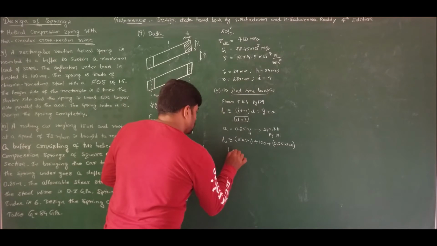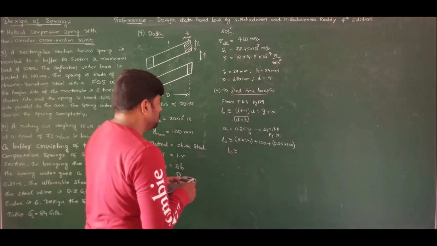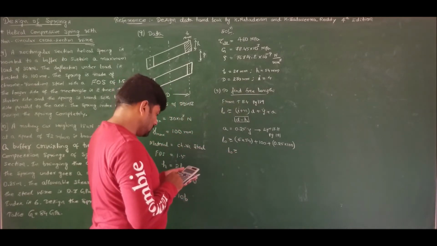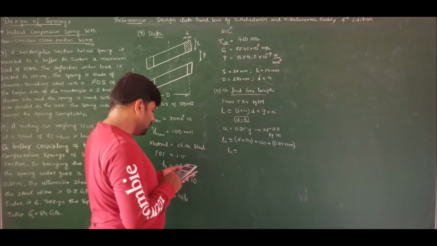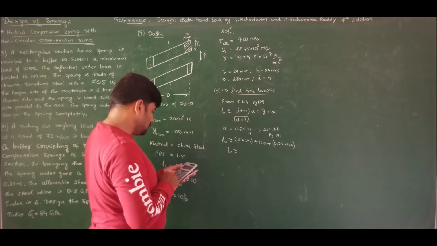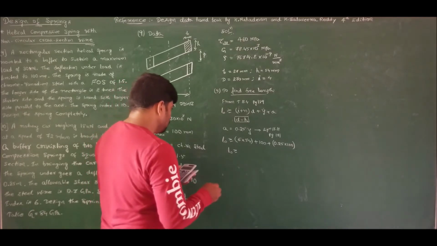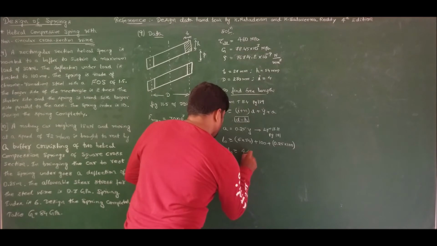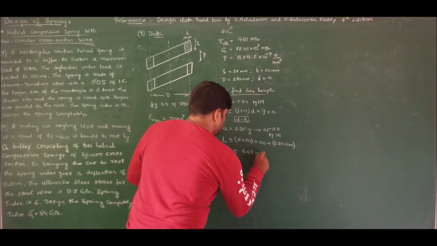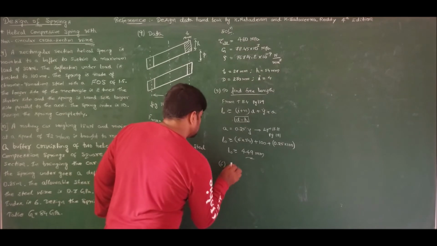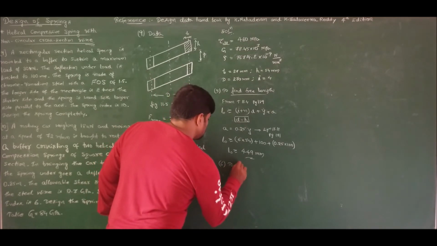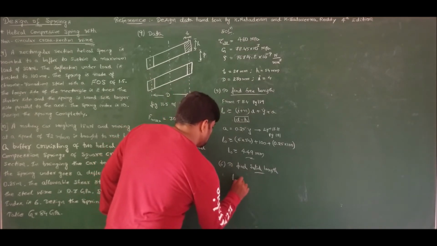So the free length is 6 into 54, that is solid length, plus 100 plus 25, which is turning out to be 449 millimeters.